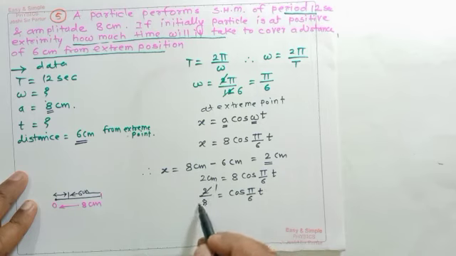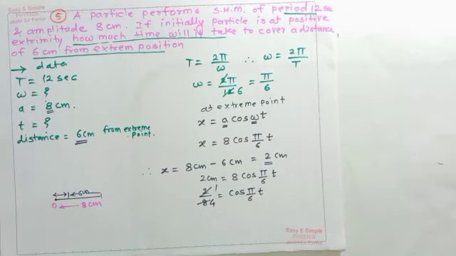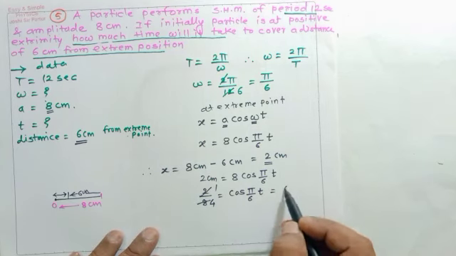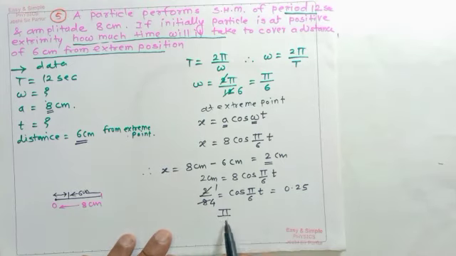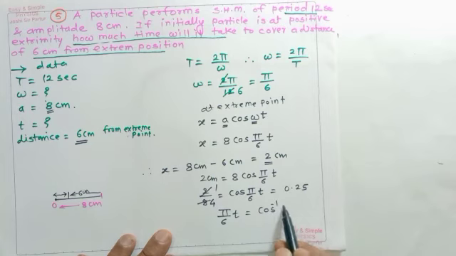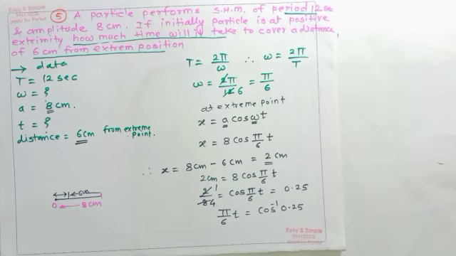2 ones are 2 and 2 fours are 8. So it will be 0.25. When we see cos angle, means pi upon 6 t is equal to cos inverse of 0.25. Its angle will be in natural cosine.